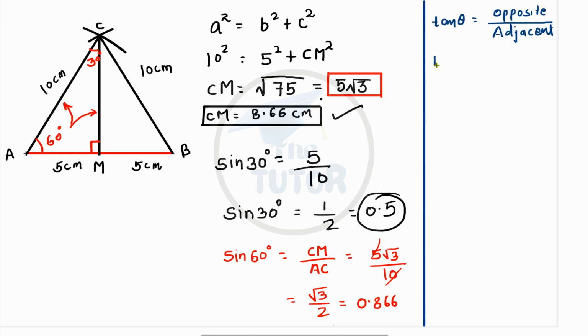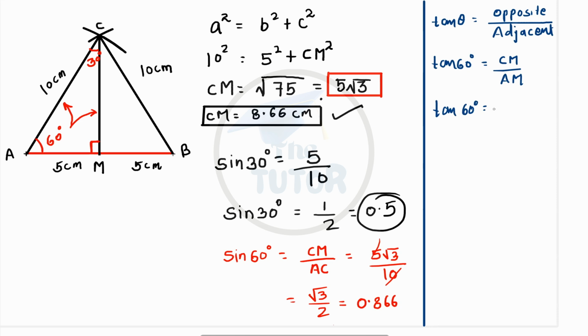Theta is just a representation, like when you don't know any value you say x, y, z. So theta is a variable for an angle; theta can be any angle value. For tangent 60 degrees in this triangle, opposite is CM over adjacent AM.